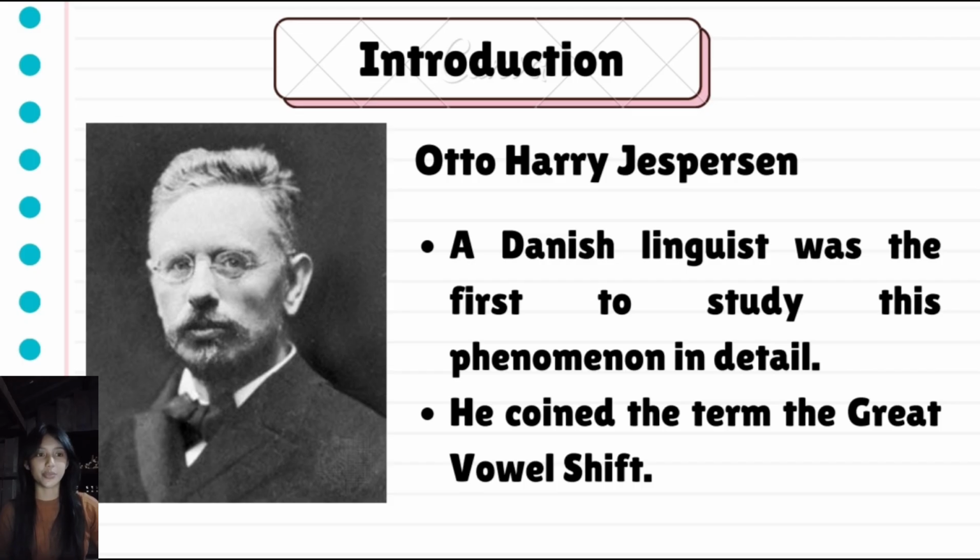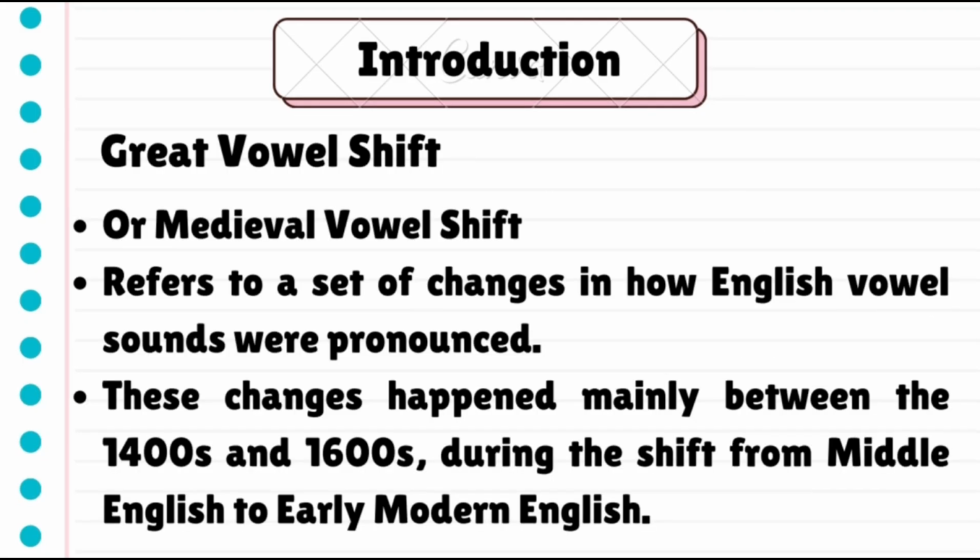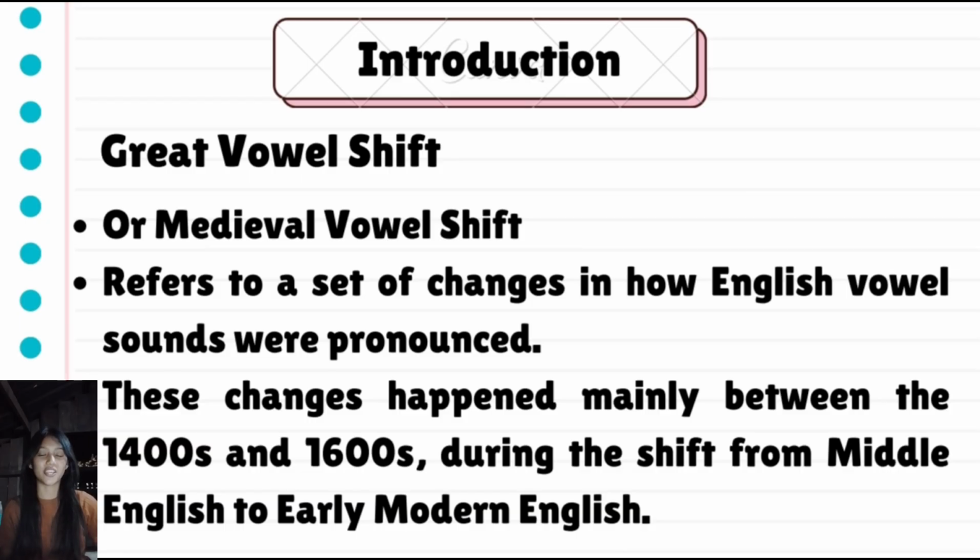Otto Jespersen, a Danish linguist, was the first to study this phenomenon in detail. He coined the term Great Vowel Shift. The Great Vowel Shift, or the Medieval Vowel Shift, refers to a set of changes in how English vowel sounds were pronounced.